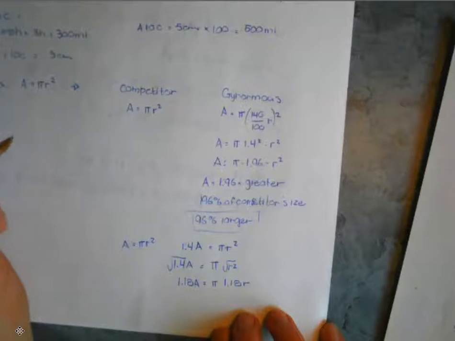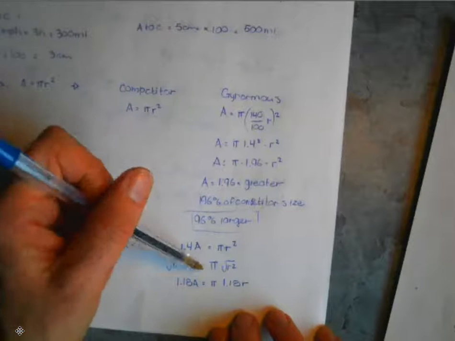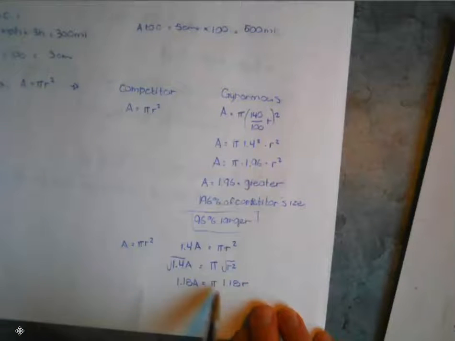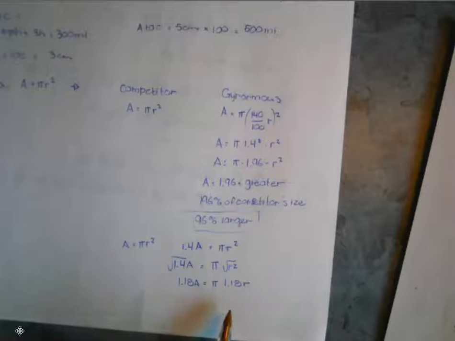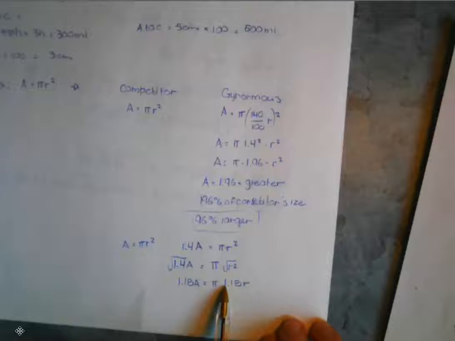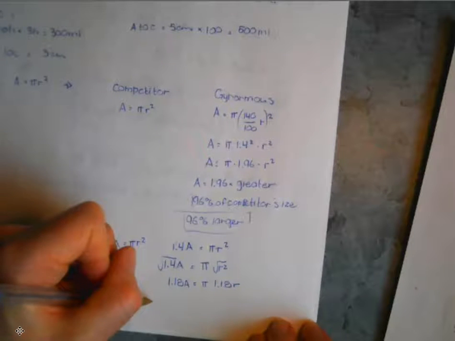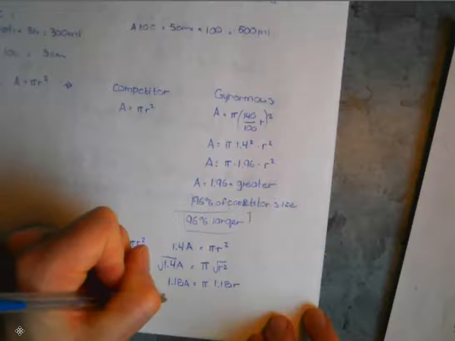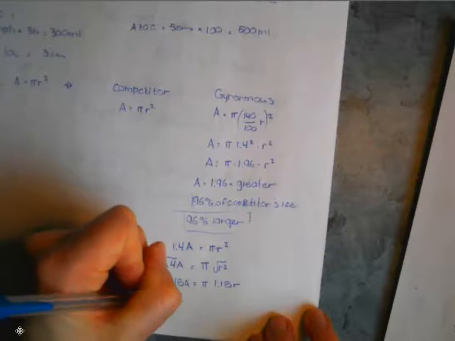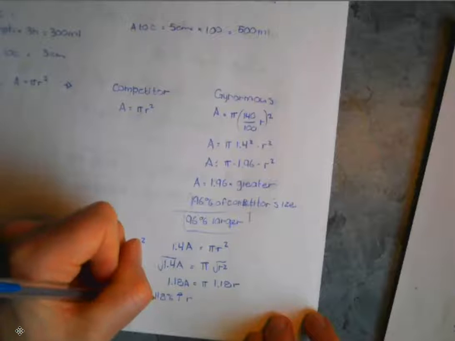And so essentially what they were asking us is how much bigger would the diameter be? Remember what we set up here too, that the change in diameter, if we think about it as a scale, is going to be the same as the change in radius. So what we're seeing here is that we have 1.18. So remember that that basically means 118% of the radius, which would apply to the diameter as well.